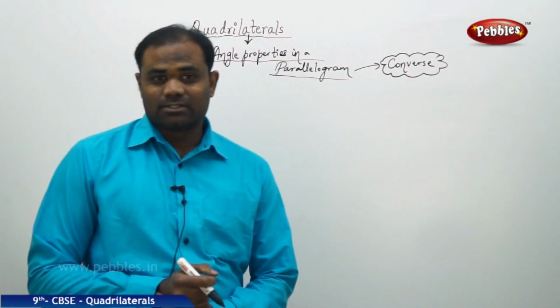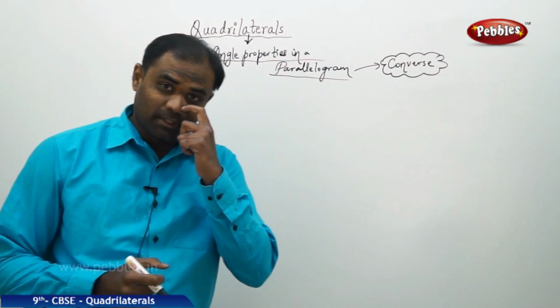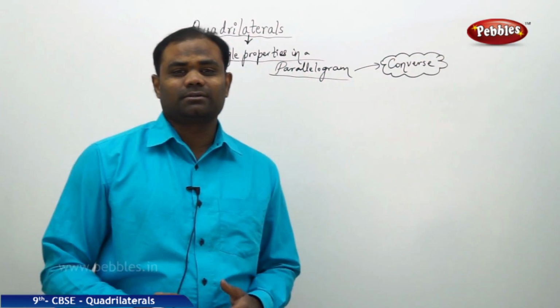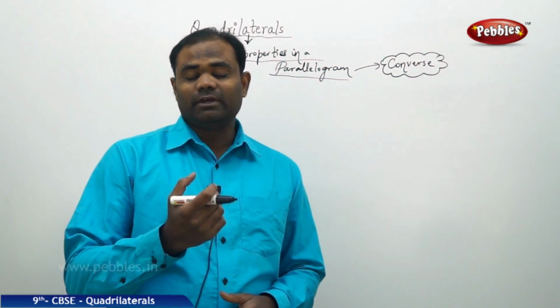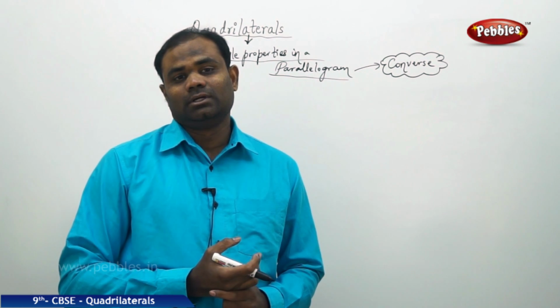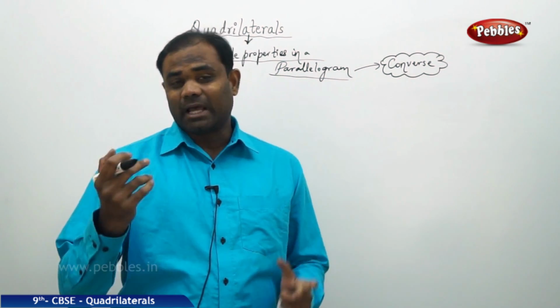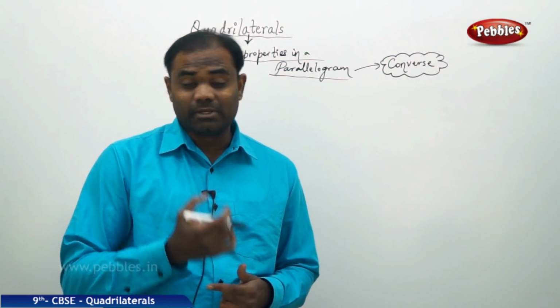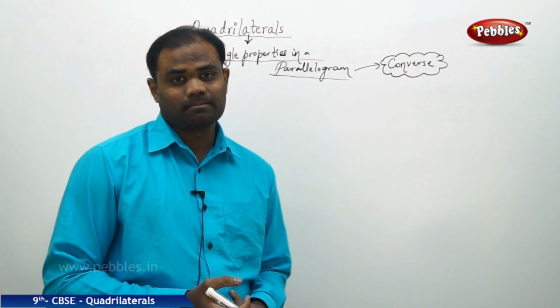So what is the converse of the angle property? Let's revisit the angle property as discussed in the previous session. In a parallelogram ABCD, we have defined that the opposite angles are equal. Now comes the question, if in a quadrilateral the opposite angles are equal, will that be a parallelogram? This is how we understand the converse.